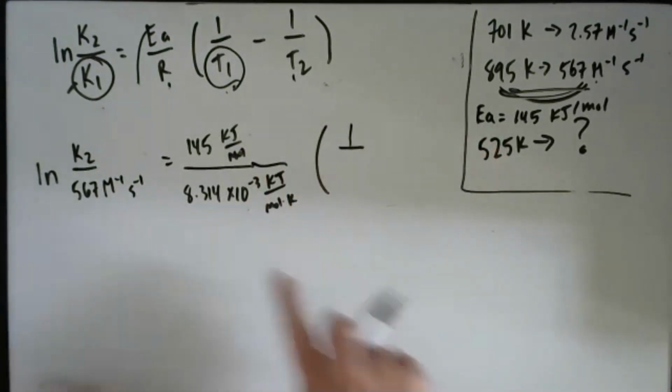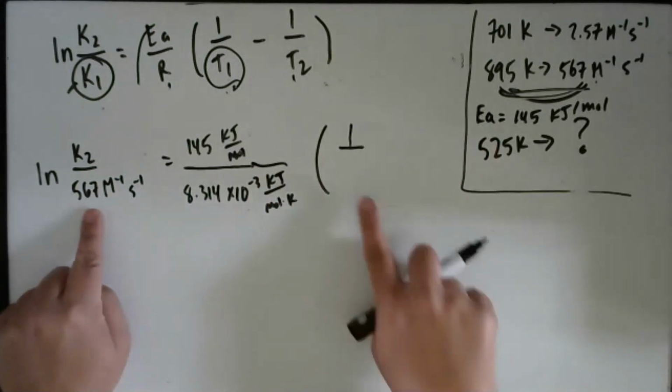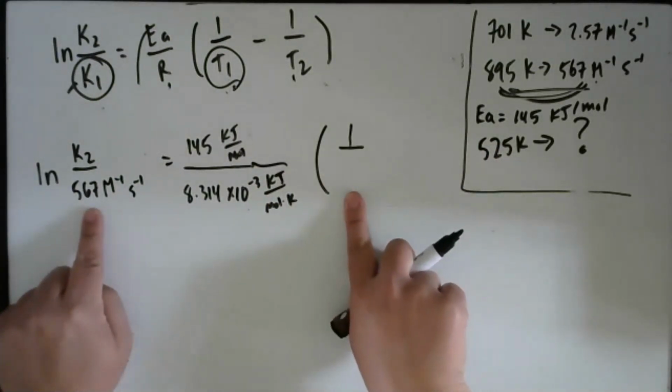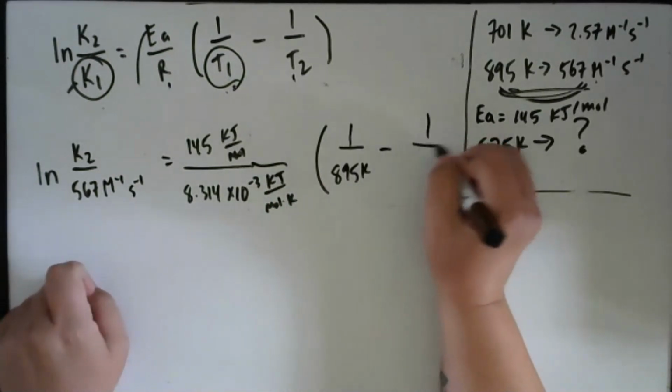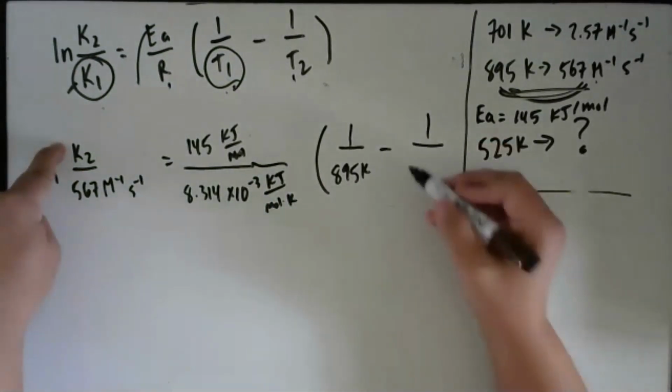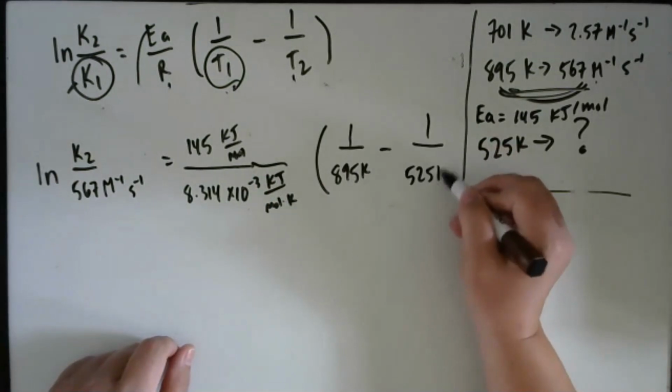And then 1 over, if we have 567 here, we need 895 Kelvin here. And K2 is going to be 525 Kelvin.